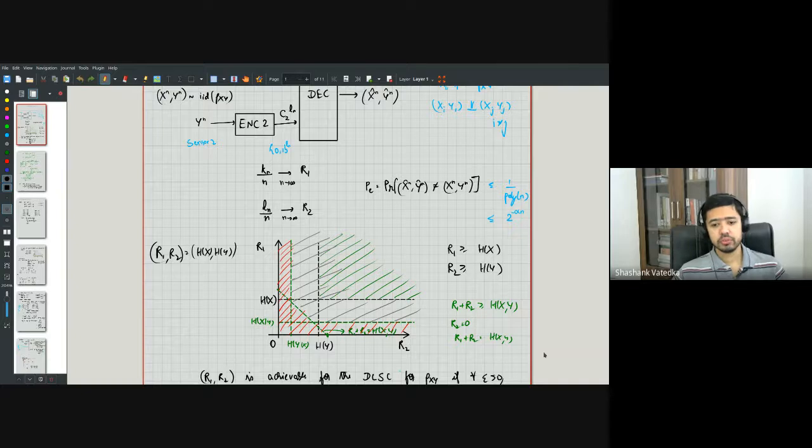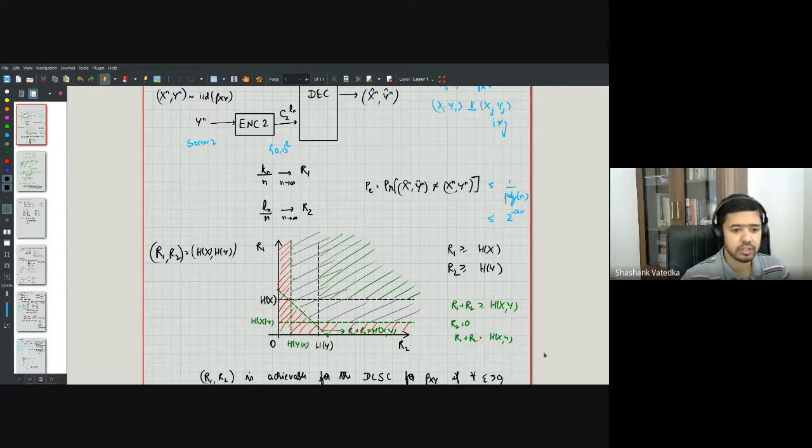Right. And we derived both upper and lower bounds, or so-called inner and outer bounds for this problem. An inner bound is basically an achievability result, an outer bound is basically a converse result.